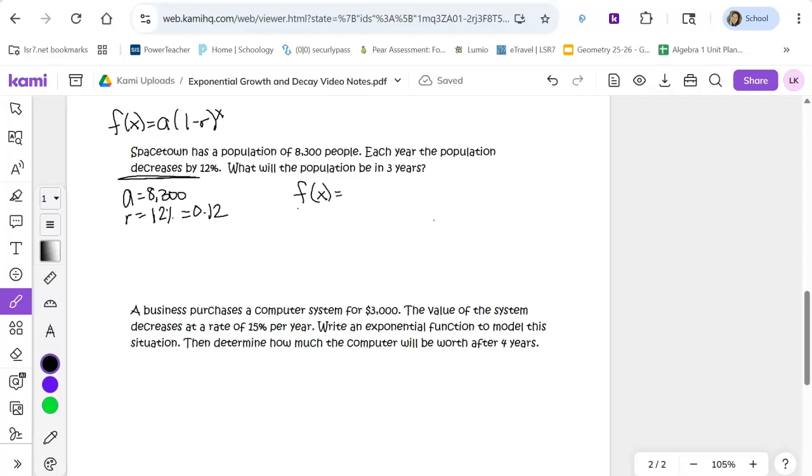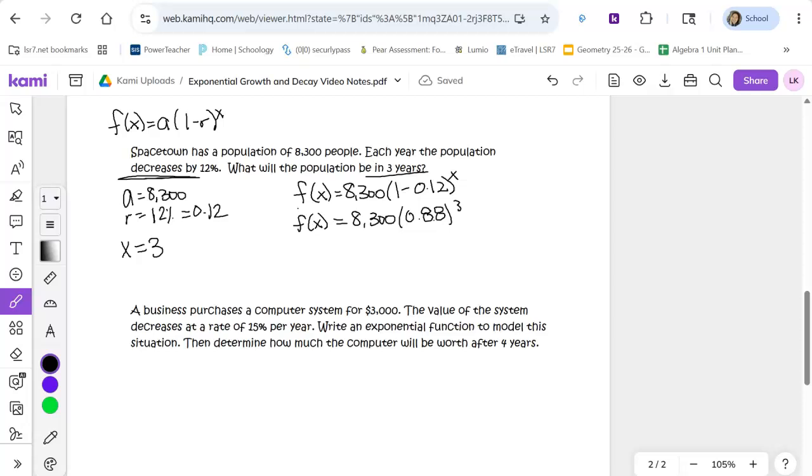So f of x equals 8,300 times 1 minus 0.12 to the x power. It says after 3 years, so that means I'm going to have x equals 3. So f of x equals 8,300 times 0.88 to the 3rd power. 1 minus 0.12 is 0.88.